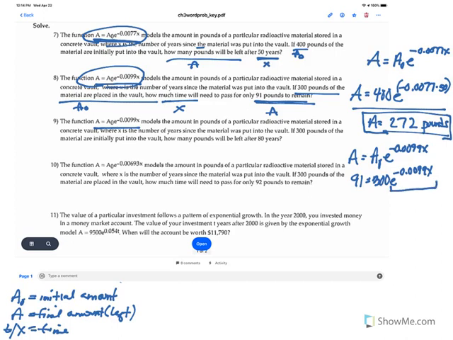So I need to move the 300. I'm going to divide both sides by 300, so we're looking at 91 over 300. Remember from the previous video that if it doesn't divide evenly, you have to leave it in fraction form, because you have to have an exact answer before you approximate. So 91 over 300 equals e to the negative 0.0099x.